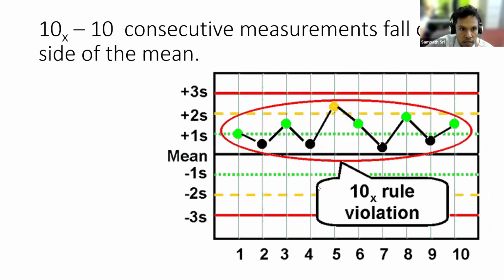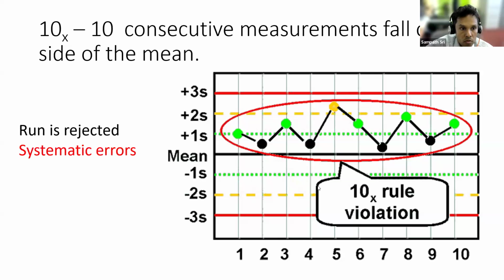Then the 10x rule means that we have 10 consecutive results on either the plus or minus side of the mean. All the results should be on one side of the Levey-Jennings chart. They are not going across the mean.